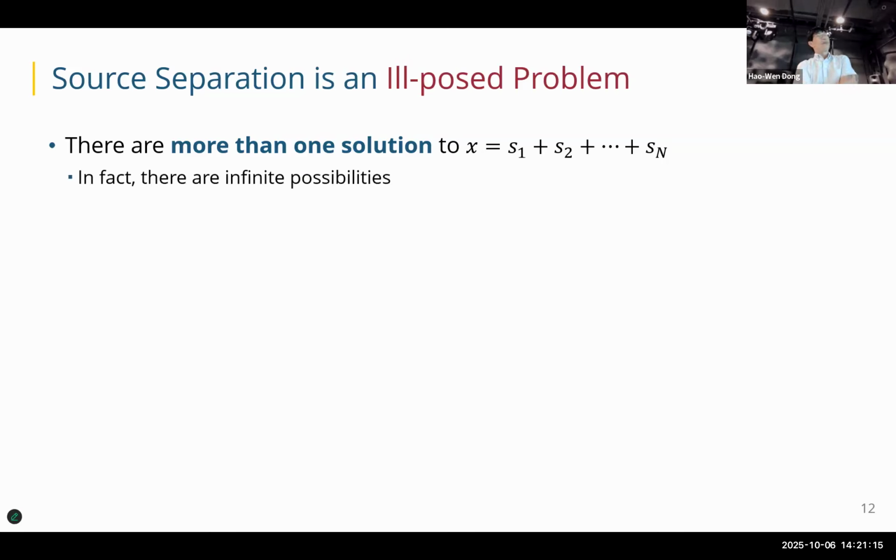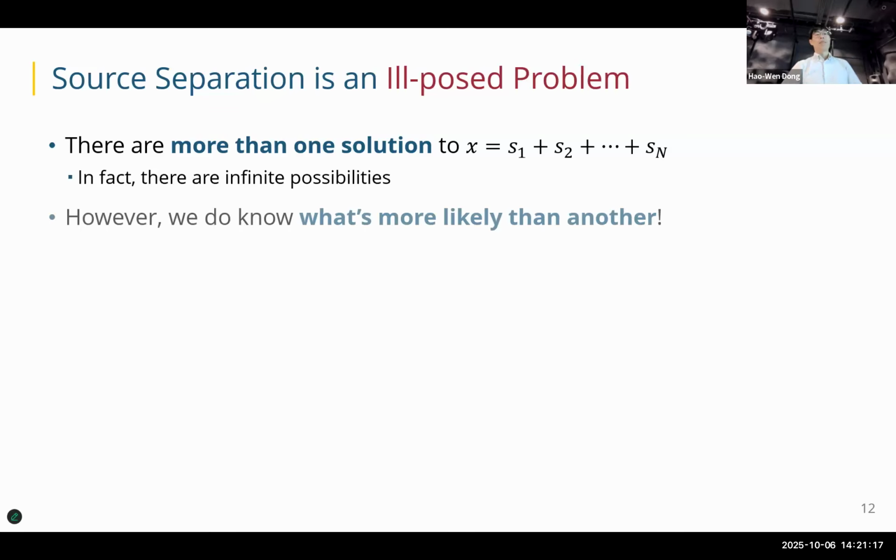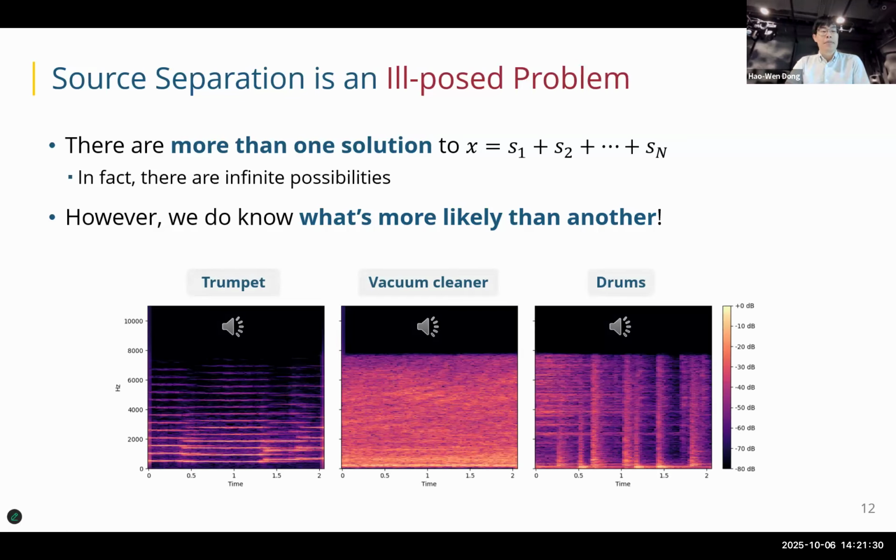So in fact, there are infinite possibilities. But the intuition, or the underlying assumption, is that we do know what's more likely than not. So, in the last homework, we looked at this and everybody got it correctly.